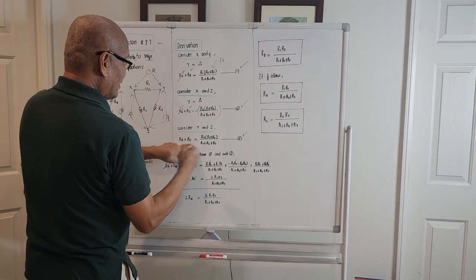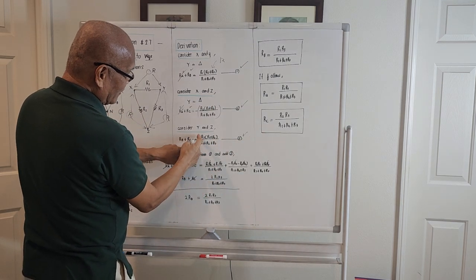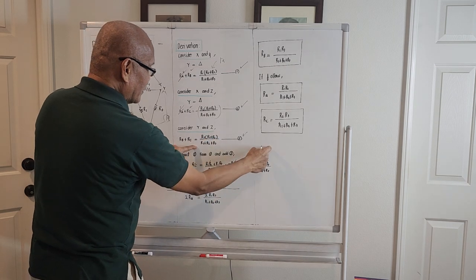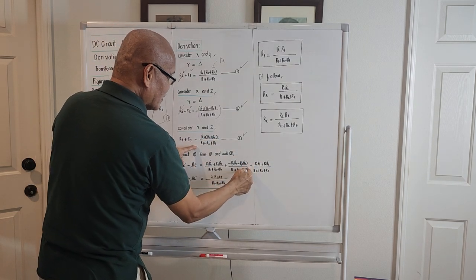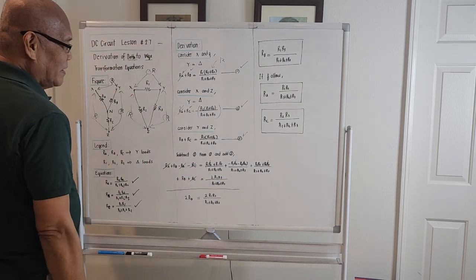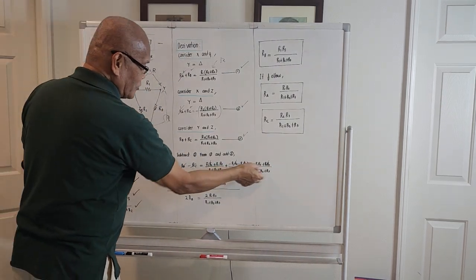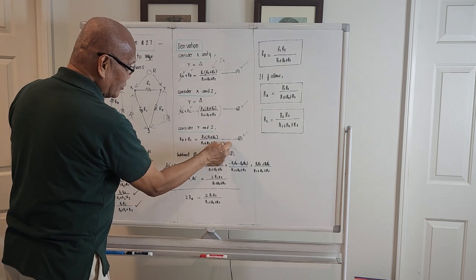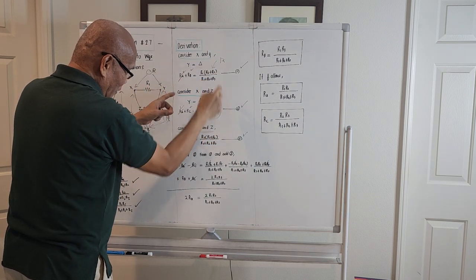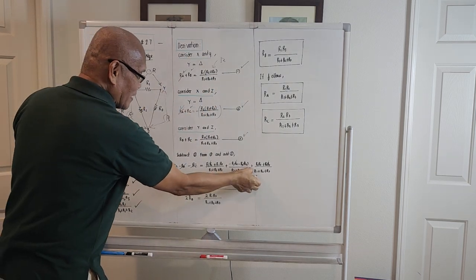And for the right hand side, it will be the product of this one, R1, R3, R2, R3, all over the same denominator, R1 plus R2 plus R3. The sign here didn't change because we add 3 to the subtraction of 2 from 1. So this is still plus.